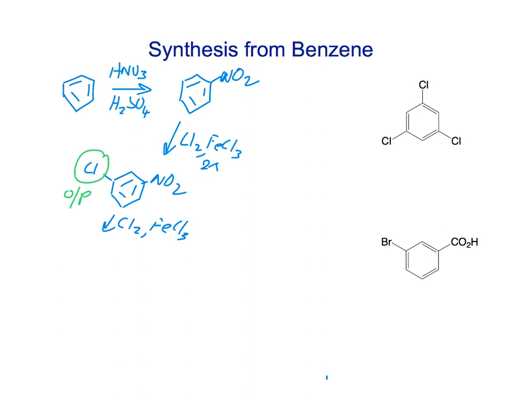So the better direction is what was suggested: we're going to reduce this. Okay, so let's just use H2, palladium on carbon. I don't know if I'm going to have enough room in here. So we go to NH2. Then we've seen, and we already talked about it today, that if we chlorinate this with a catalyst, we can chlorinate both ortho positions and the para position.